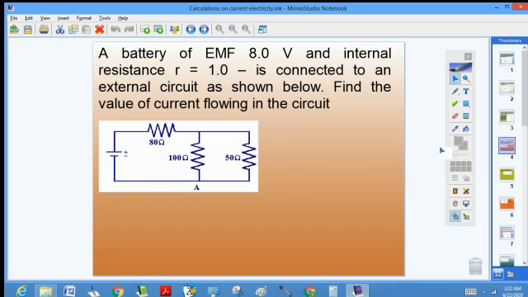Starting with the first question, it says that a battery of EMF 8 volts and internal resistance 1.0 ohms is connected to an external circuit as shown below. Find the value of current flowing in the circuit.